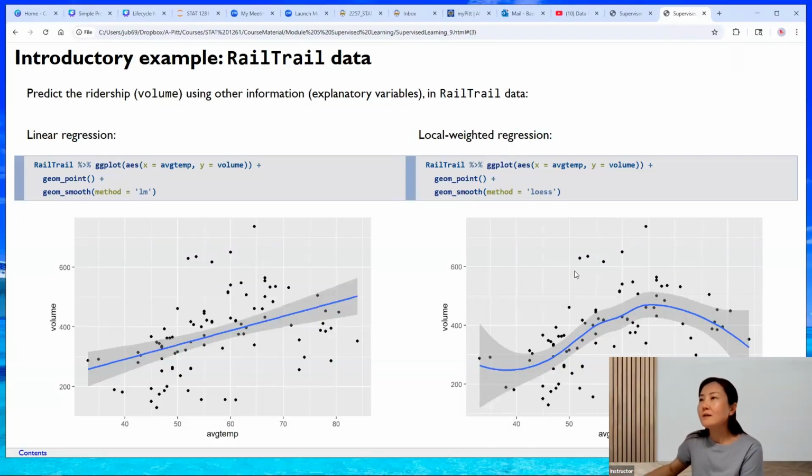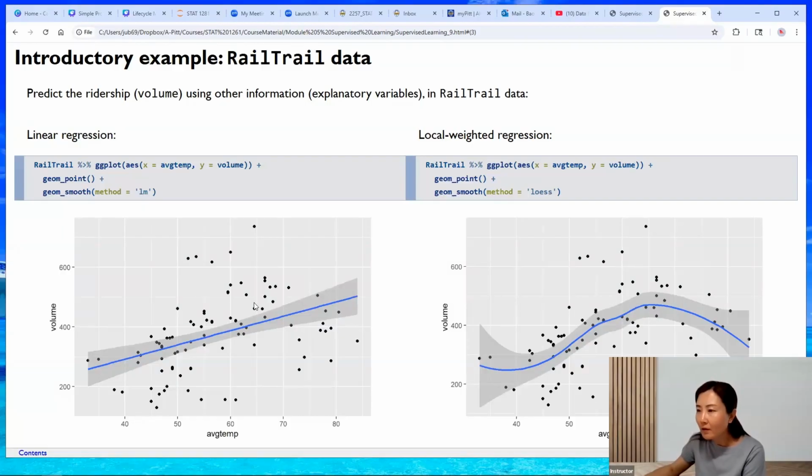So take a look at this example. The real trail data. Suppose we want to fit a model between volume, the response variable, and one predictor variable, which is average temperature. If we fit a linear model, then we'll get a model like this.